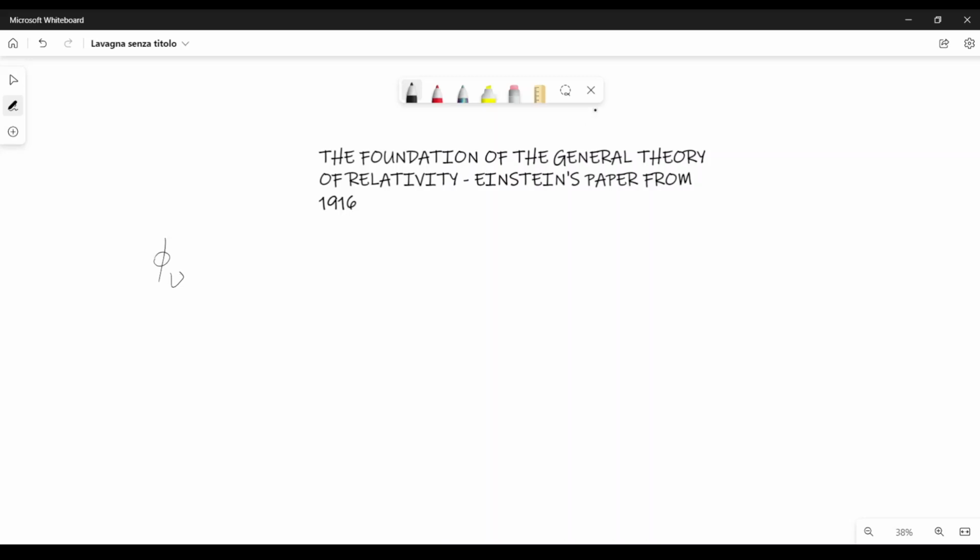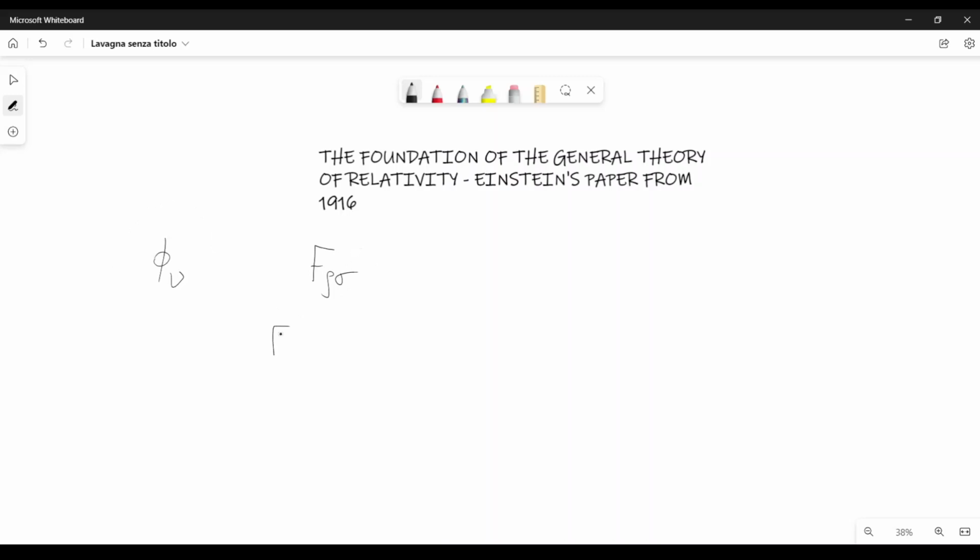And from phi nu, we can form an antisymmetric tensor that Einstein called f rho sigma, which is also called a 6 vector, as we know, by taking its curl. So by taking the curl of phi nu, we define f rho sigma.